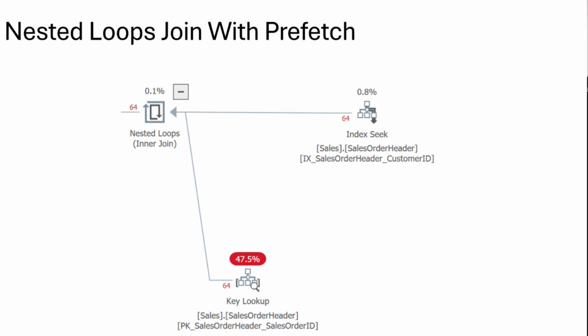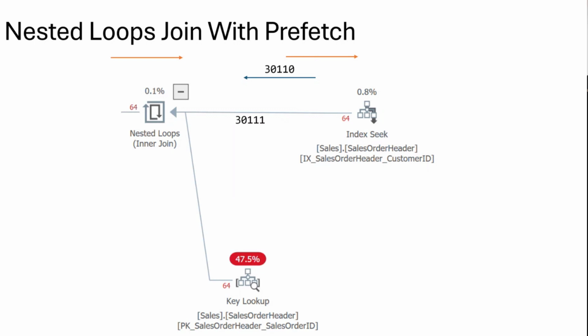Now, nested loops join with prefetch. Here we have a similar scenario. The first row is retrieved from the outer input of the nested loops join, returning customer ID 30110 as previously. But this time, however, the optimization known as prefetch is employed.